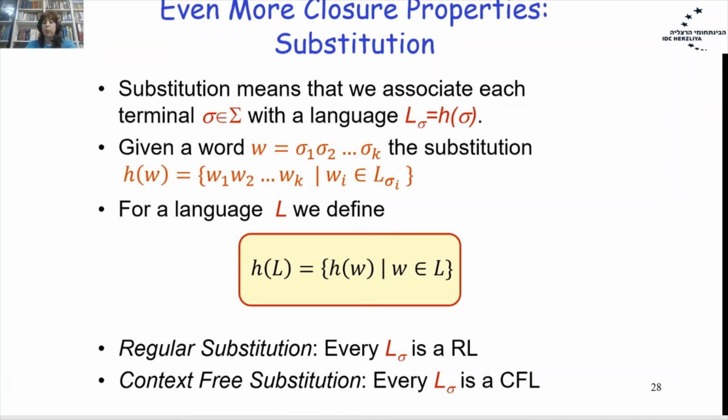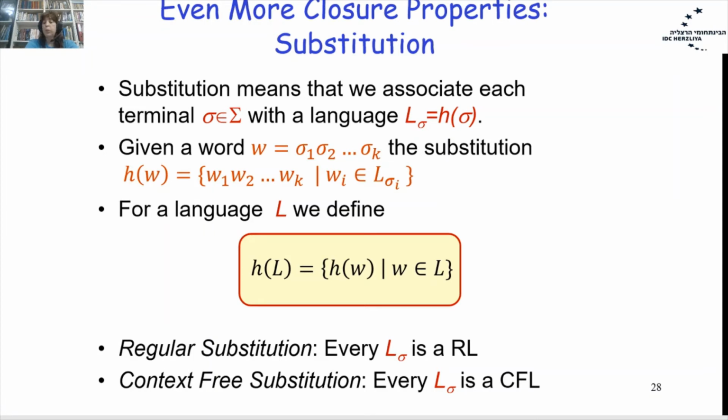Given a word W, which has k letters, sigma 1, sigma 2, sigma 3, up to sigma k, the substitution h on the word W will be W1 concatenation with W2 concatenation with Wk, where Wi is a word belonging to the language of sigma i. For the language L, we define the substitution function of the language L in the following way. We take each word W of L and we compute h on W. The resulting language, the union of h over W, is the substitution language.